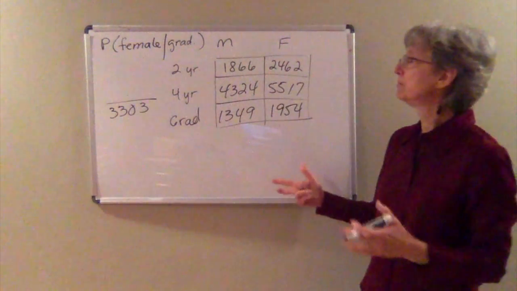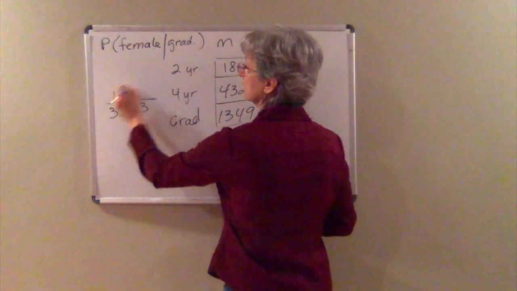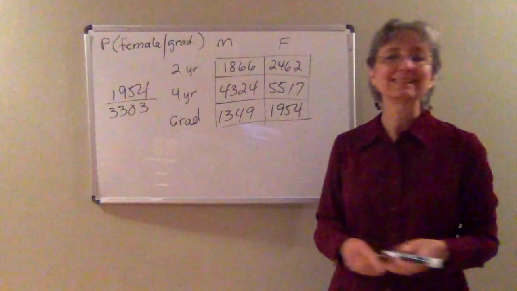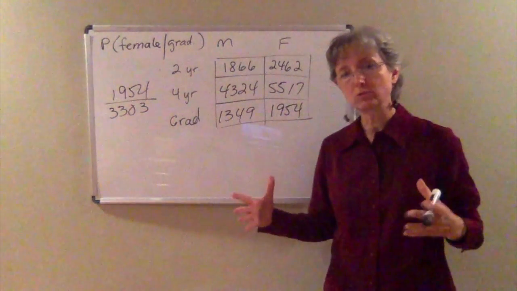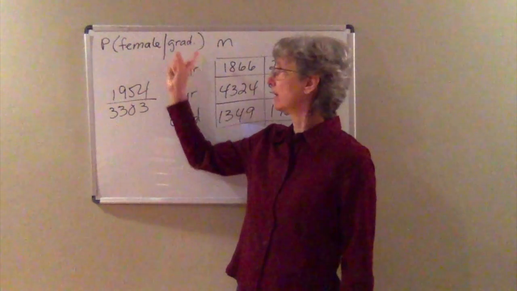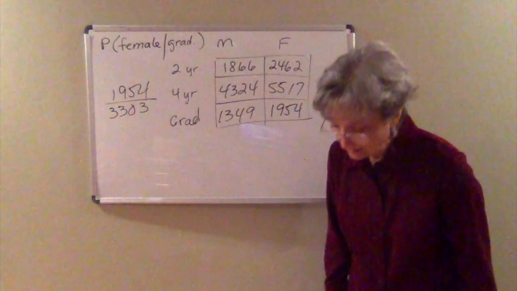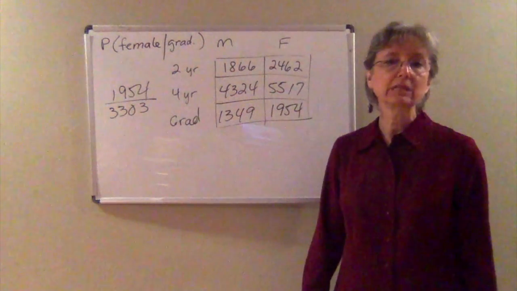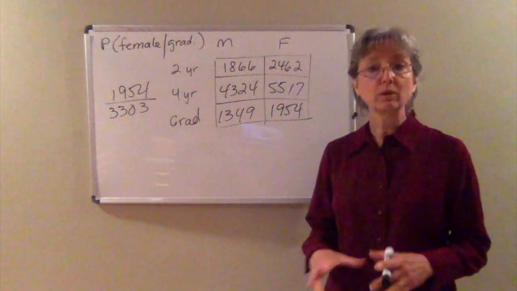And now what's the probability that it's a female? That would be 1954 out of the 3303 total graduate students. That would be the probability that it's a female given that it's a graduate student. All right, and so you find that and it ends up about 0.59, or 59%. Okay, that's what that means.